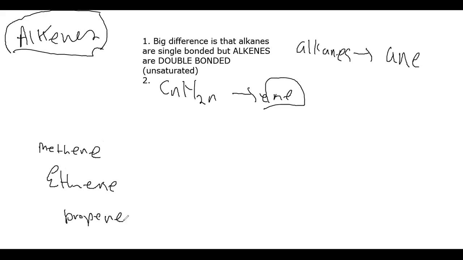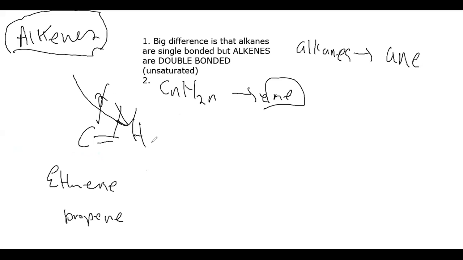Now, if we want to look at the formula, meth means what? One. The thing about it is you can't have methene. That makes no sense, to be honest, because it's just one carbon. So where in the world could that double bond go? C can't have two double bonds.